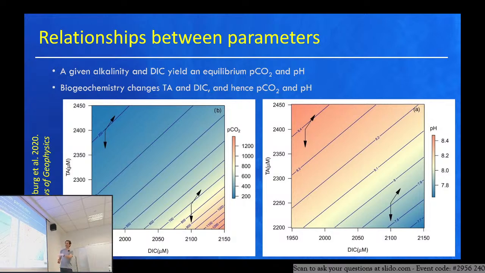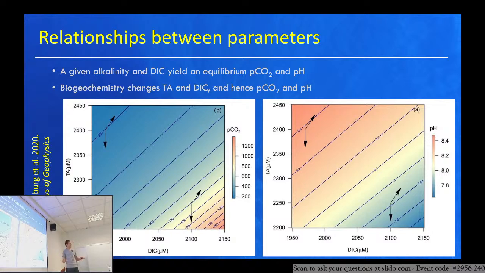We can then look for different biogeochemical processes. We can estimate how much alkalinity and DIC is being changed, and we can then plot these on top. So if we create calcium carbonate or we dissolve calcium carbonate, we'll be moving along that particular vector.